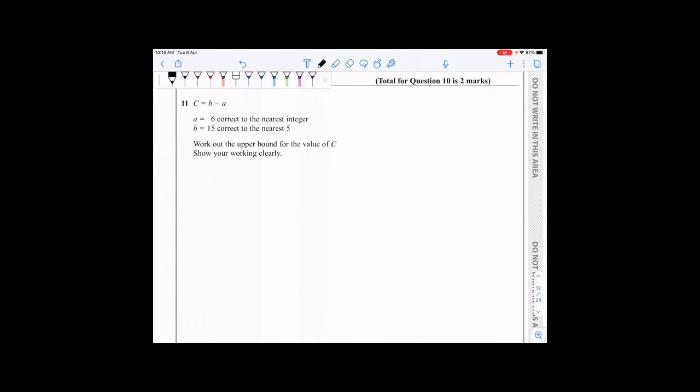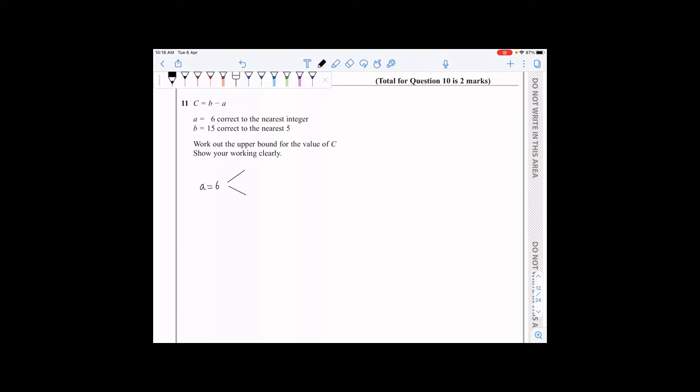In 11, C is b minus a. We know that a is 6 to the nearest integer and b is 15 to the nearest 5. We need to work out the upper bound for C. Well, we start by considering the upper and lower bounds for a and b respectively.